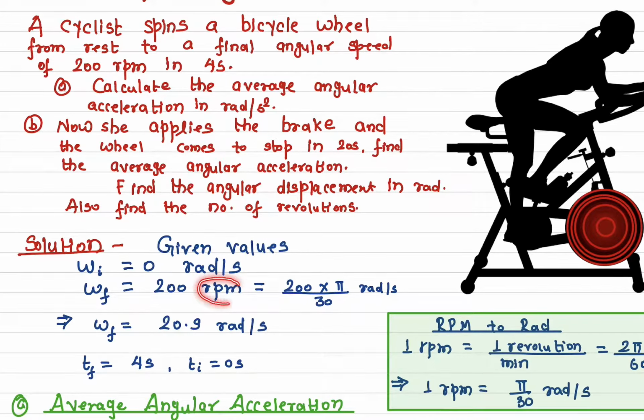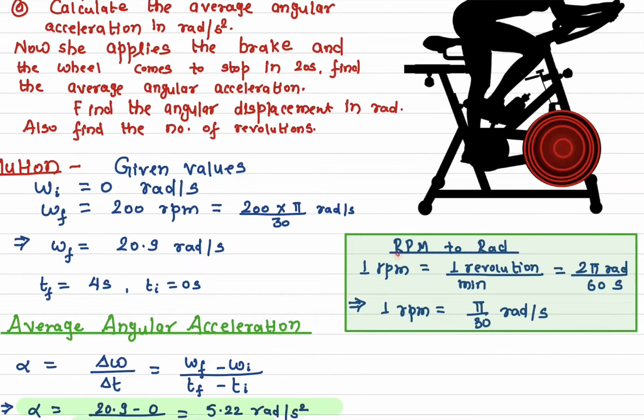You need to change revolutions per minute to radians per second. Always remember to change the angular speed to radians per second. How do you change it? It's rpm, revolutions per minute, to radians.